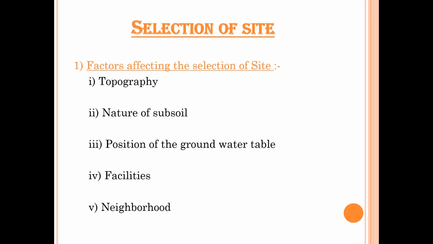Then the facilities. While choosing any site for a residential building, people take care that all facilities are available, but at a sufficient distance, because if we have a theater or schools near the home, we have to face the noise from the schools or theaters, and even the market.